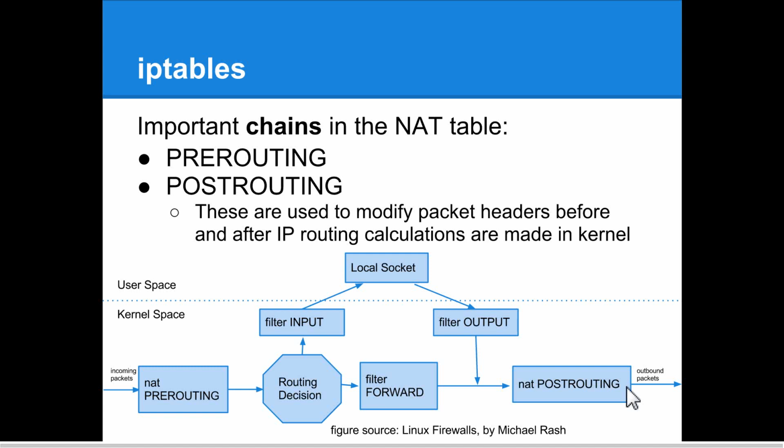If the local socket sends a packet, it first goes through the output filter firewall, then it goes through post-routing for any NAT purposes, and then leaves the network card into the internet. And if it's not destined for the local machine, it stays in the kernel, and it gets forwarded along.